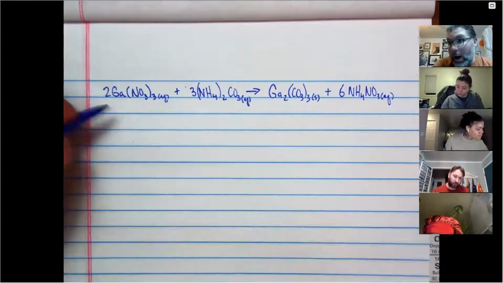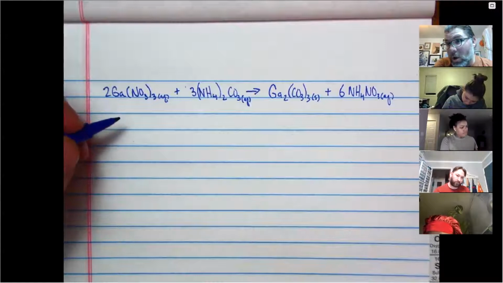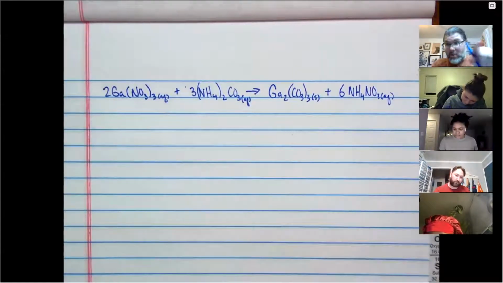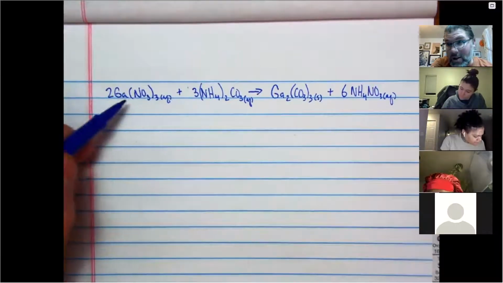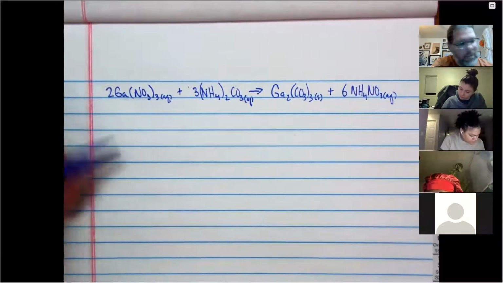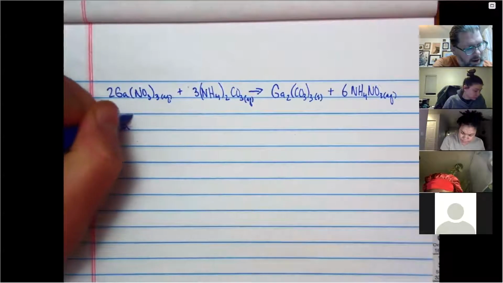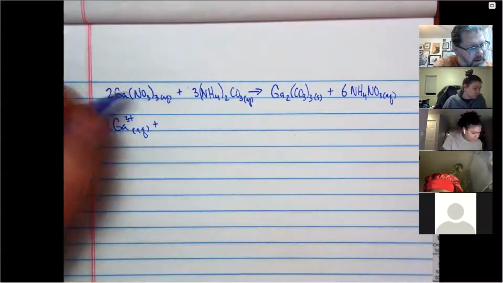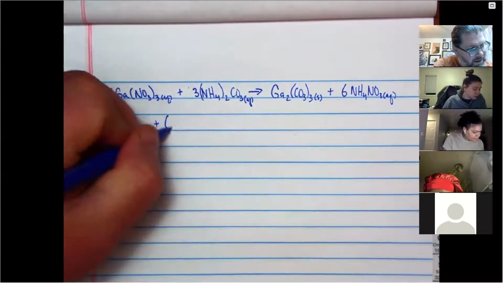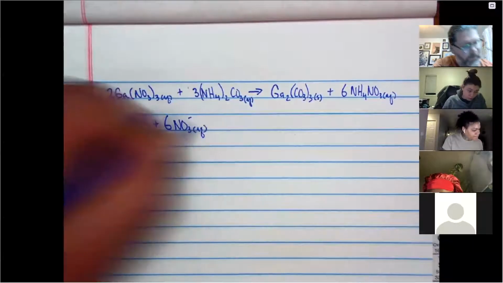So remember, in our total ionic equation, the principle here is that soluble ionic compounds dissociate in water. They break apart into their individual ions in water. So what ions are there in those 2 gallium nitrates? I see 2 gallium 3+ ions dissolved in water, and I see 2 times 3, so 6 nitrates dissolved in water.